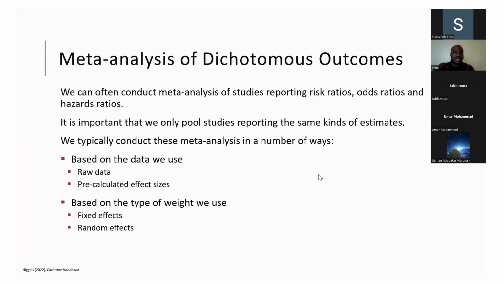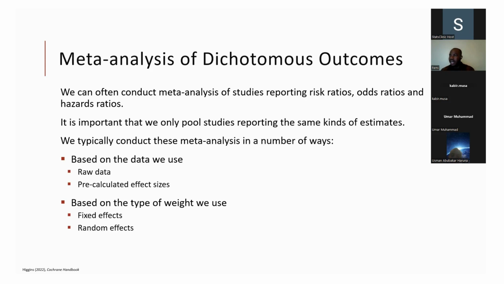Excellent. Sorry. So you need to make sure that you are pulling studies that report the same kind of estimate. In cases where these studies don't report this estimate, you might have to do the computing yourself if you have the resources or the data to do the computing. So the meta-analysis for dichotomous outcomes can be done in a number of ways. You can either use the raw data from the study or already provided calculated effect sizes.